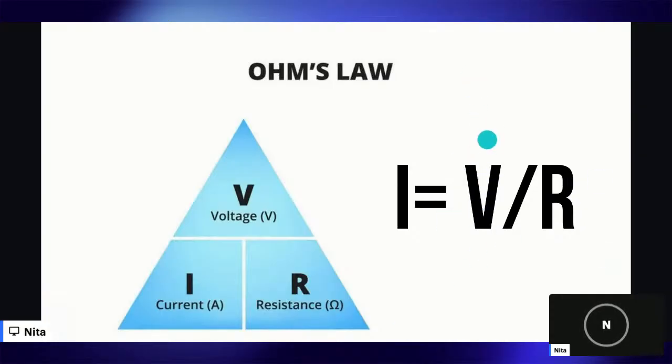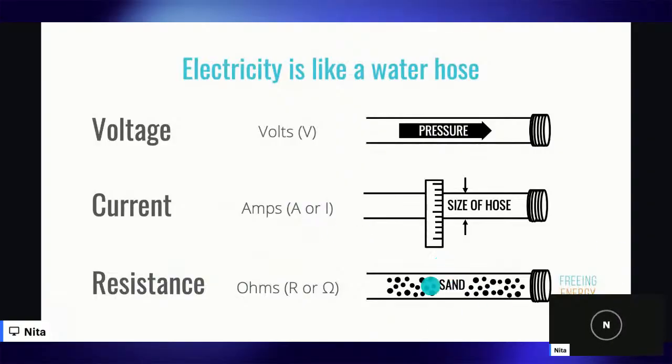If we increase the push and the resistance stays the same, then we would have more current because we've increased the push. If our resistance increases and the push remains the same, we would have less current. Think about it like this: remember, resistance is trying to stop our pressure or our push. So if we increase the resistance and have the same amount of pressure, we have less current.